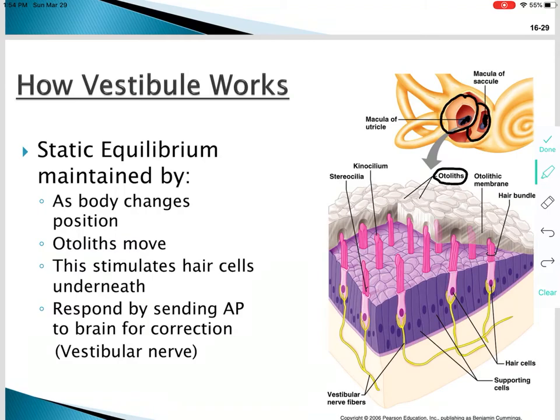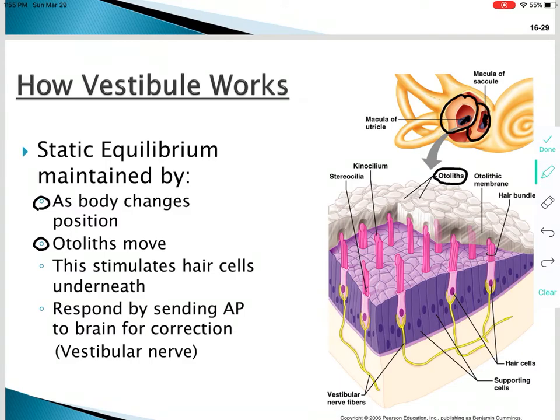So how does this help us to maintain static equilibrium? Well, if you change position, if you were to be hung upside down and you were no longer moving, and you closed your eyes, so you didn't have any visual cues, wouldn't you still know that you were upside down? Of course you would. And that's a product of the otoliths in the macula.